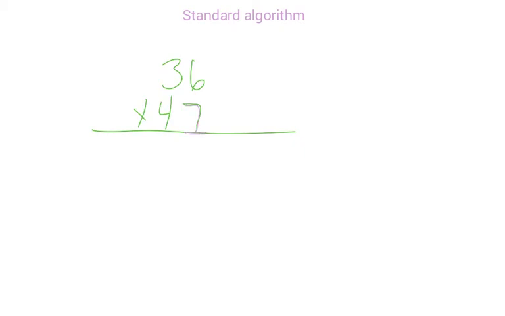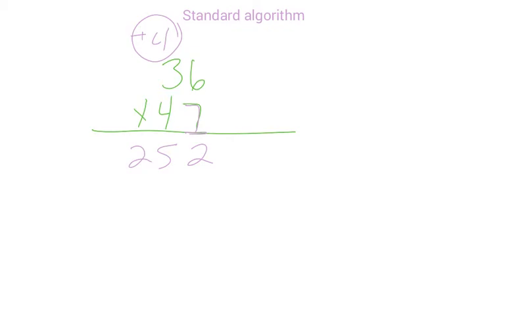Okay, so I'm going to start with 6 times 7 is 42. Similar to how when we're adding, we're going to carry the 4 into the tens place. Then I'm going to do 7 times 3, and that gives me 21. Then I'm going to add the 4. 21 plus 4 is 25.